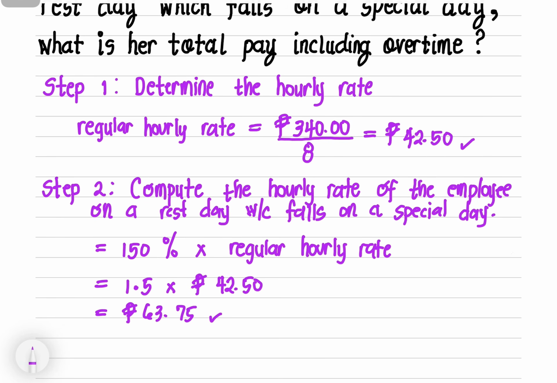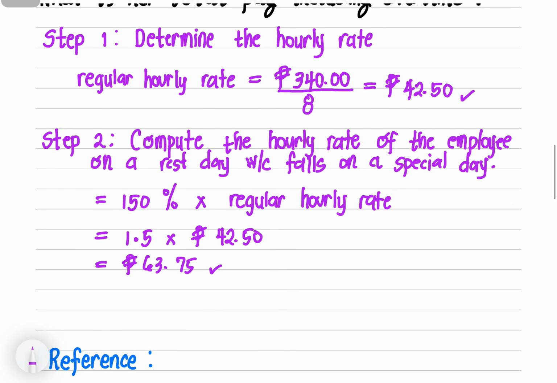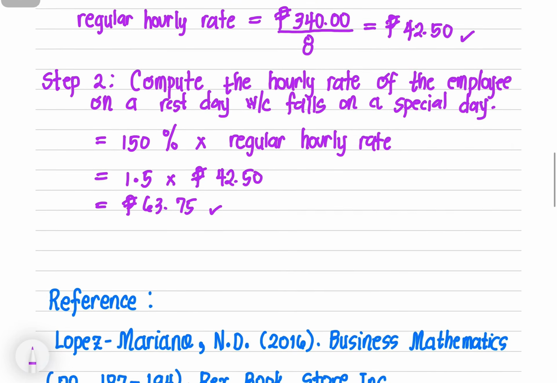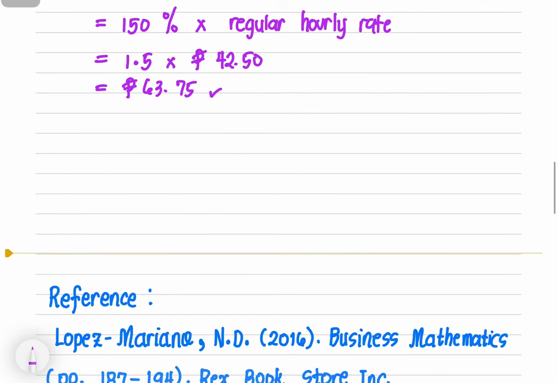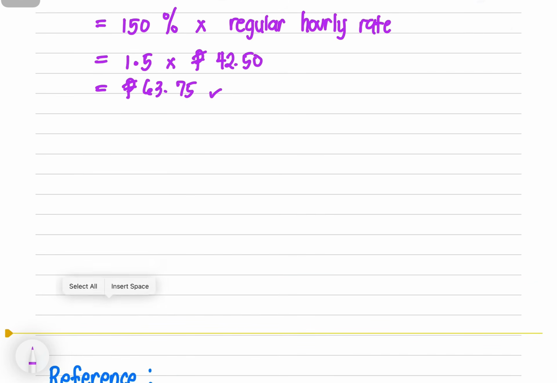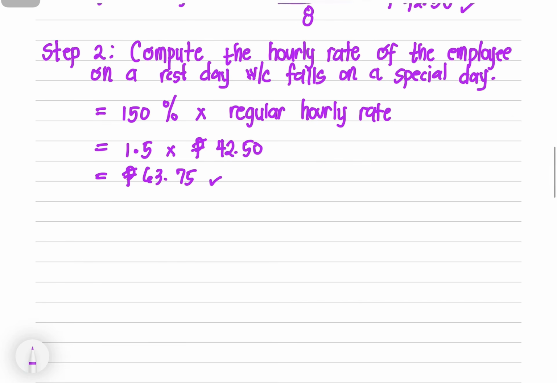So, ang alternative nito, guys, yun nga, pwedeng 150% times 42.5, bibigyan na kayo agad ng sagot na direct na answer, which is 63.75. Gets? So now, proceed tayo sa step number 3. Okay, step number 3 tayo.